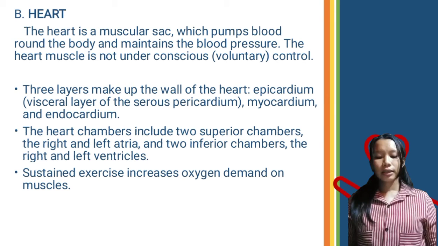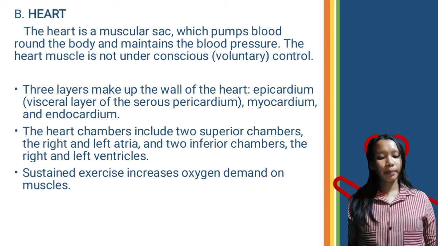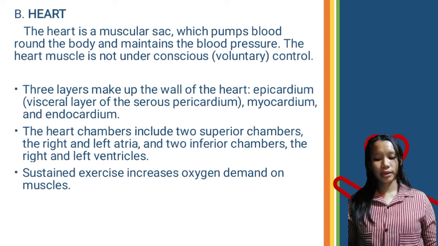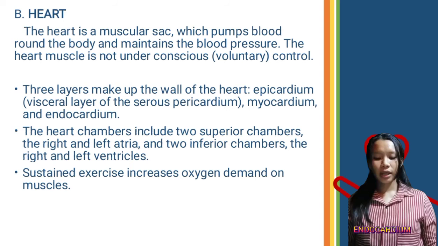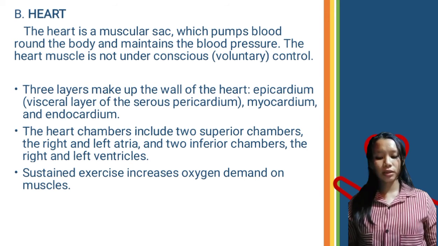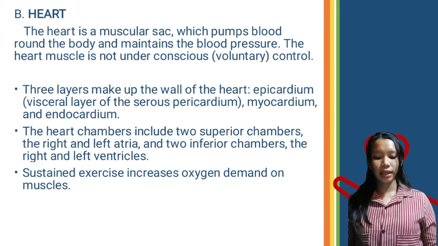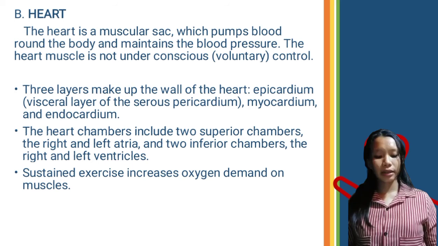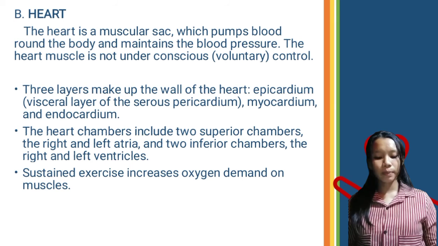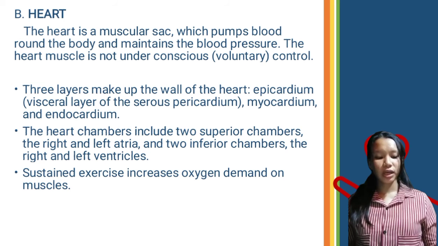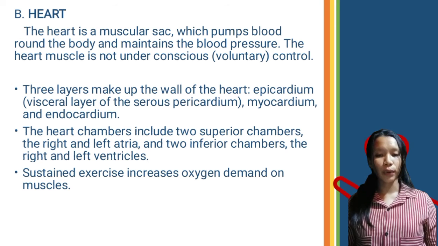The heart is also made up of 3 layers of tissues. The innermost layer is the endocardium, which is the thin smooth membrane that lines the inside of the chambers of the heart and forms the surface of the walls, of which there are 4.